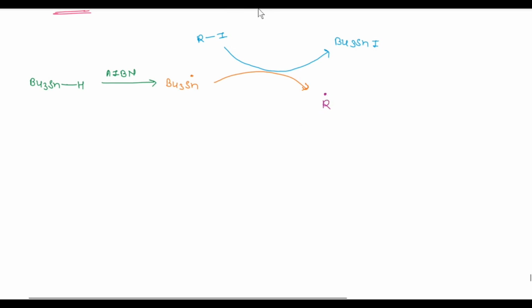So in the next step, this R radical reacts with alkene, and we get this new radical.